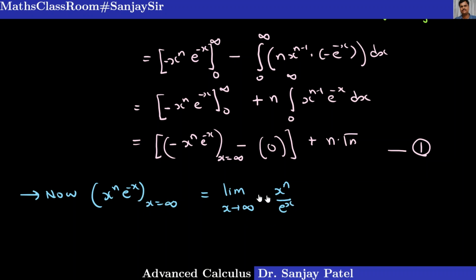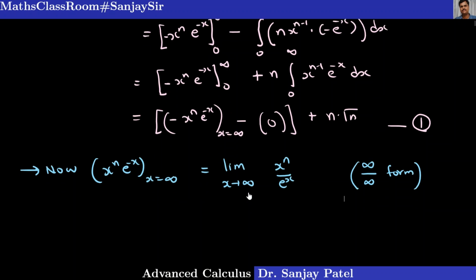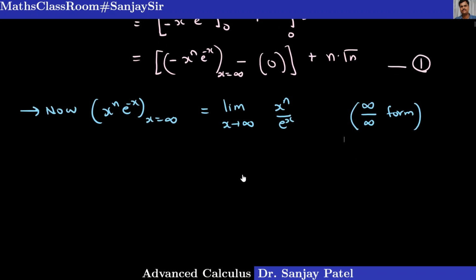This limit is an indeterminate form, because when you put x equal to infinity it is infinity upon infinity. So this can be evaluated using L'Hospital's rule, which you already learned in your previous courses.